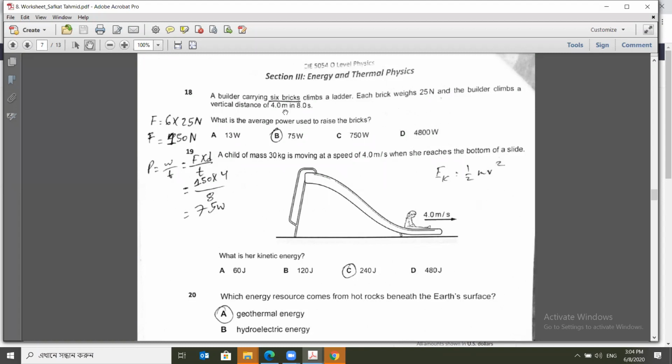Clear now, everyone? A similar question we did yesterday. Those who were not present yesterday, now you got the idea that if there is no work done given directly, we can find the work done from force and distance moved, and divide by time to get the power.